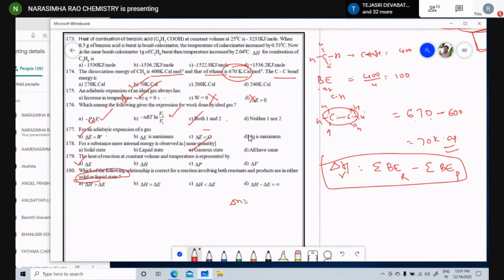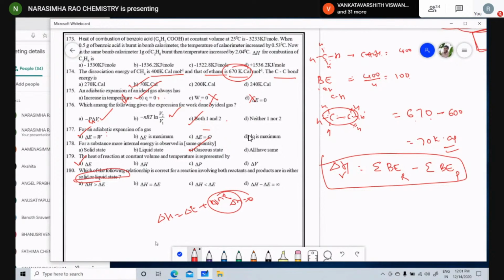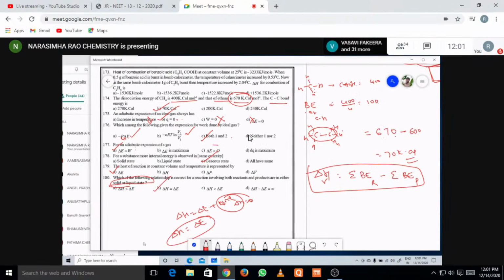So delta n is equal to 0. Delta H is equal to delta E plus delta n RT. This part becomes 0. Then delta H is equal to delta E. Is it clear now? Any other doubts? Clear, sir. No, sir.